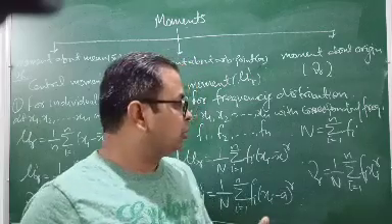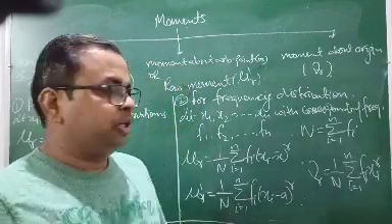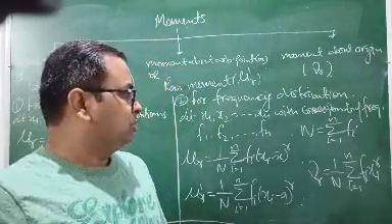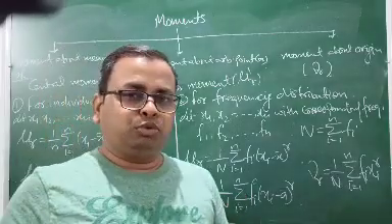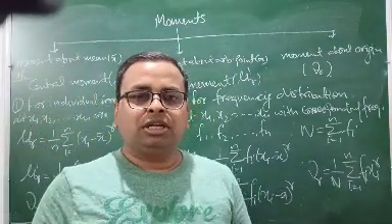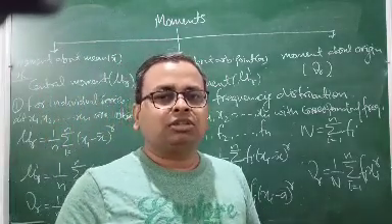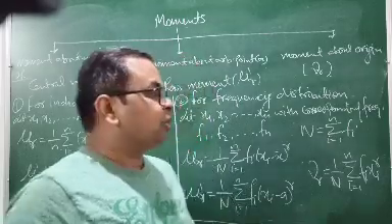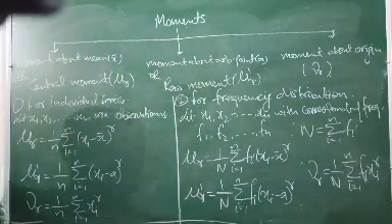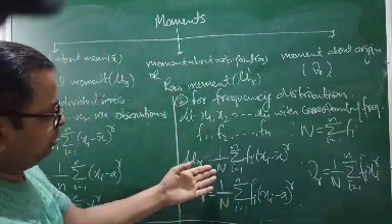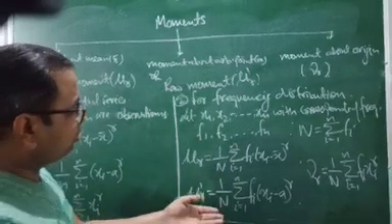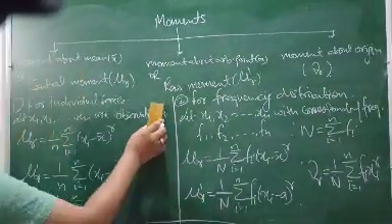We calculate only the first four moments because we use them to measure the skewness and the kurtosis for the given distribution. So basically we use the frequency distribution formula.